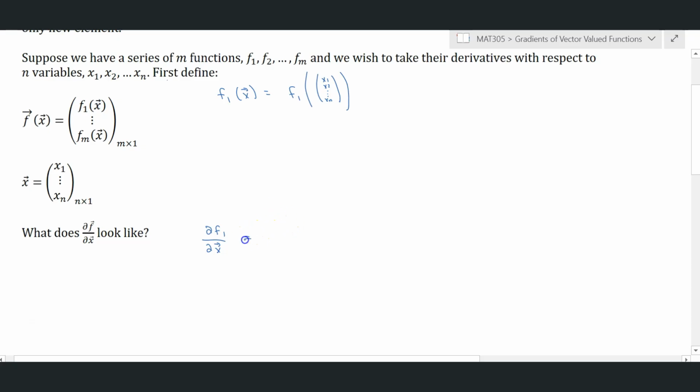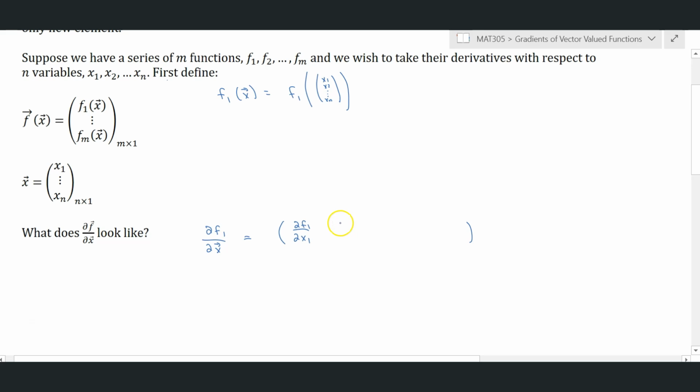And the way that we've seen this is we're going to create a vector of outputs. Because the derivative of this function with respect to the vector of inputs means that we want the derivative of f1 with respect to the first variable, x1. So that's a single valued function.